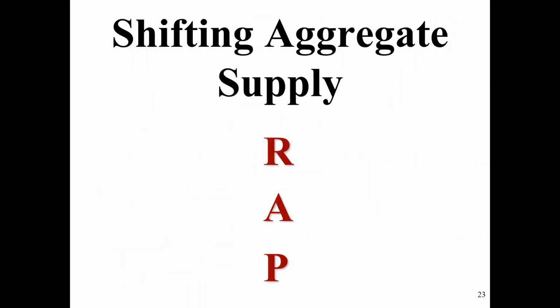All right, then you got RAP. So resources is R. Wages are a resource. It seems to be something we're really struggling with. An increase of wages shifts SRAS left. Wages, oil, production costs.